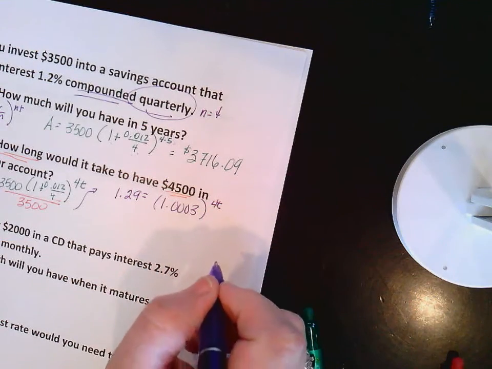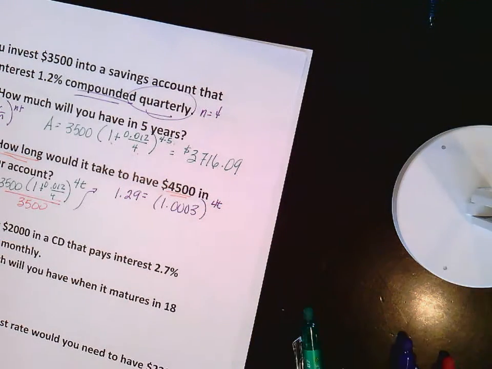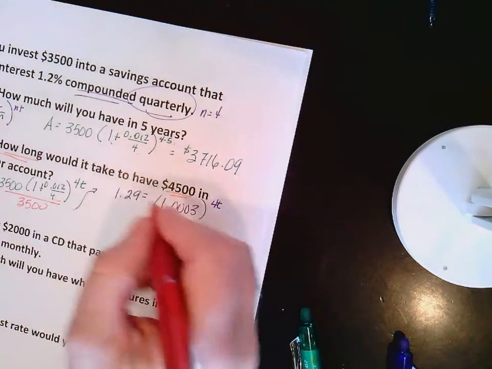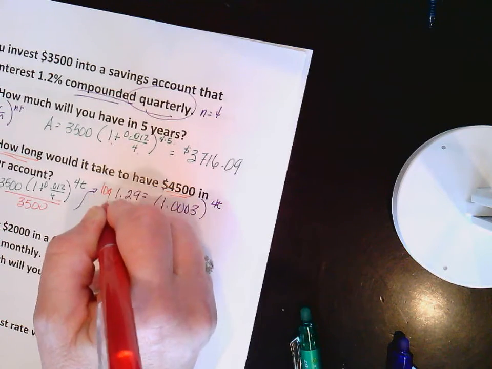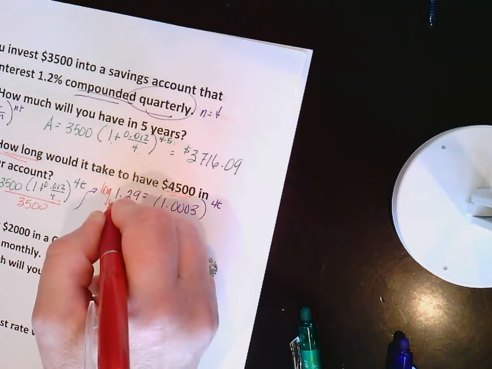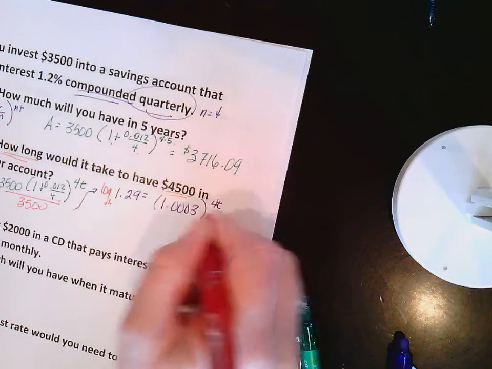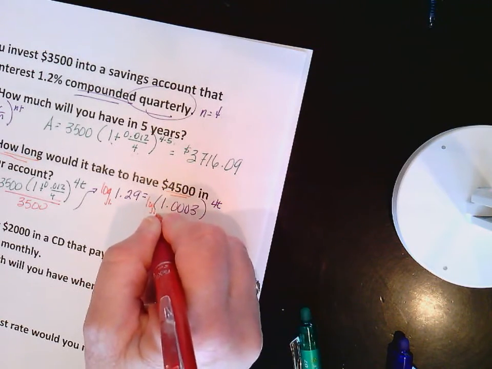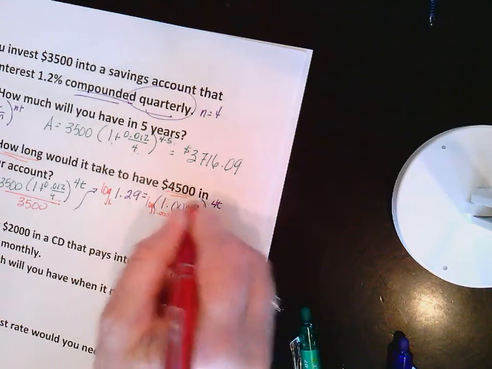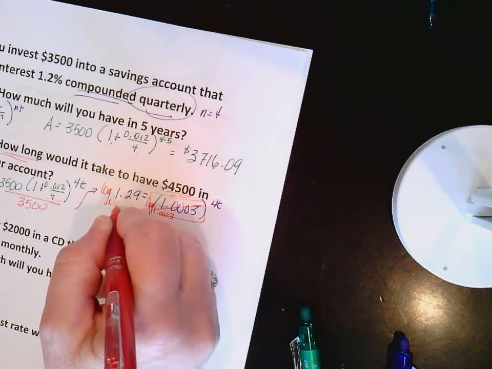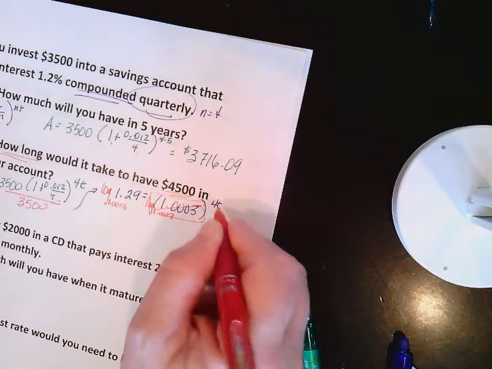If I'm trying to get to the t, I'm going to take the log base 1.003 to get rid of that exponent.